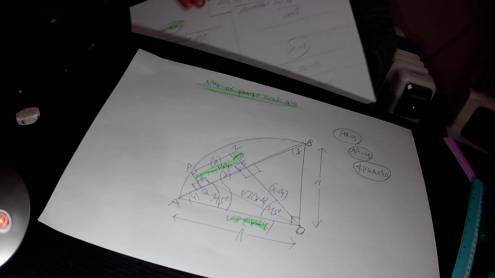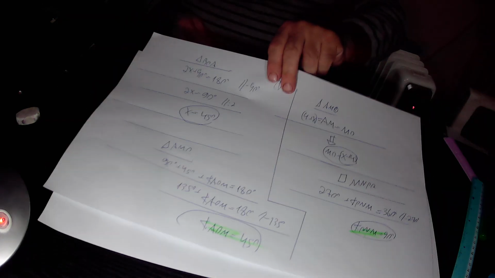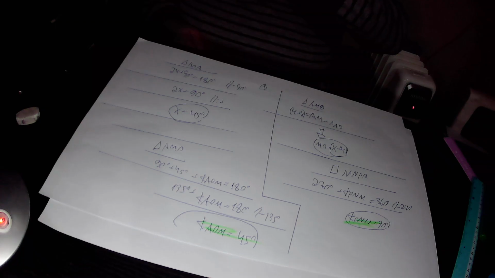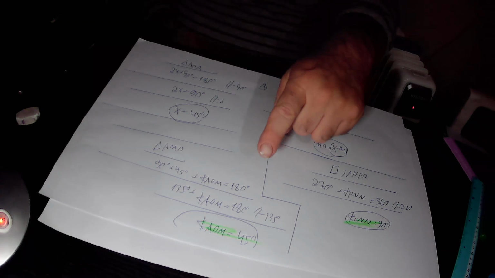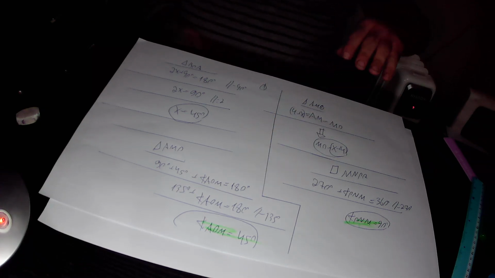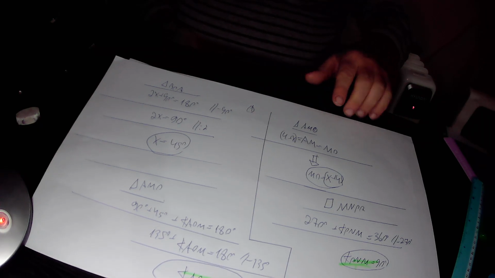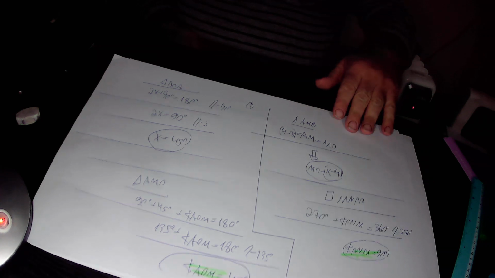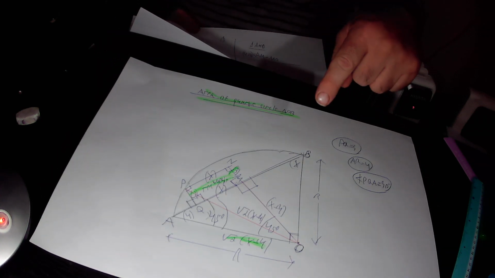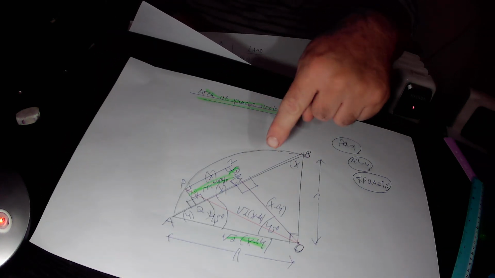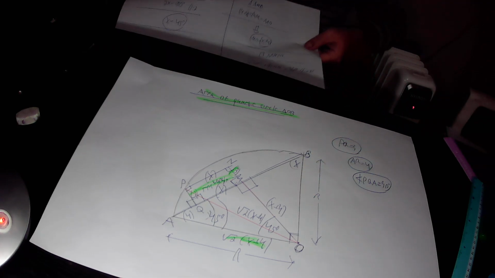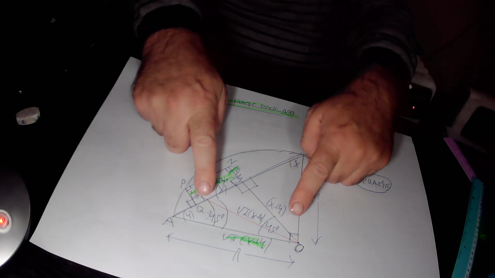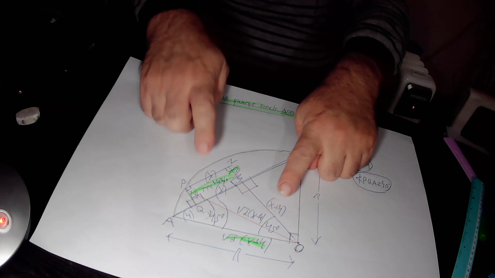Again, we found out that in right triangle AMO, AM equals MO, because in front of those two equal angles, we have those two sides that are equal to each other.